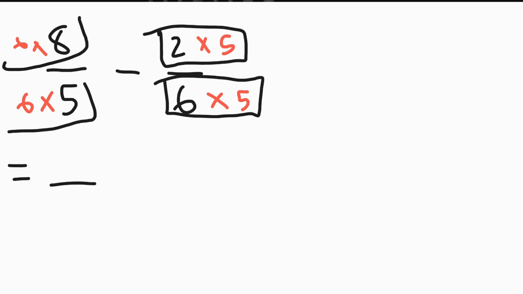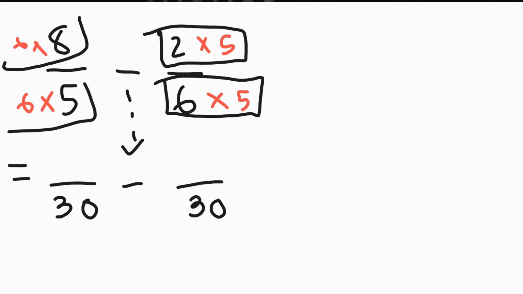We know that 6 times 5 is going to give you 30. We can bring our subtraction sign down, and we know that it's a minus, and then we can put to our other denominator, and we can say here on the right hand side 6 times 5 is going to give me 30.